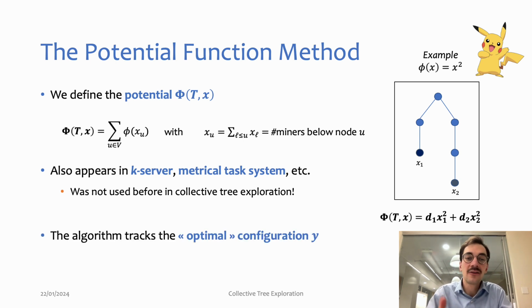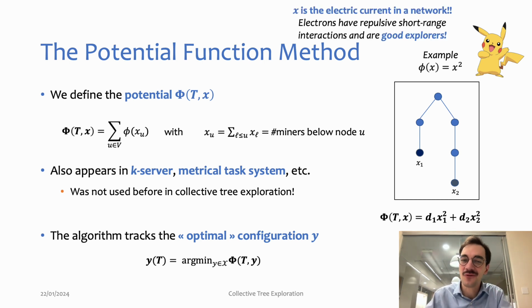And the algorithm that we propose actually tracks the optimal configuration for this potential. Notice that in this case, this corresponds to the electrical current that will flow on both branches if you impose an inwards electrical current of 1 at the root and an outwards current of 1 at the leaves.